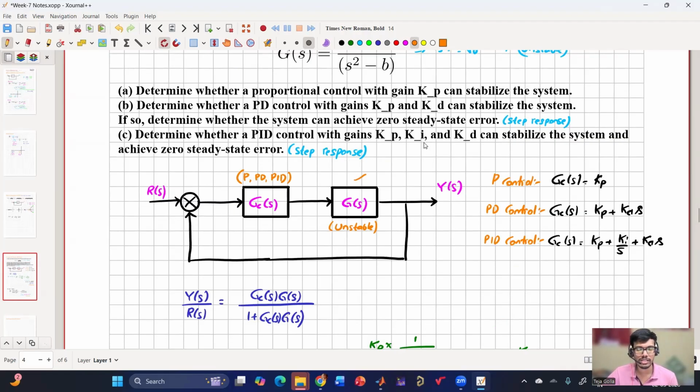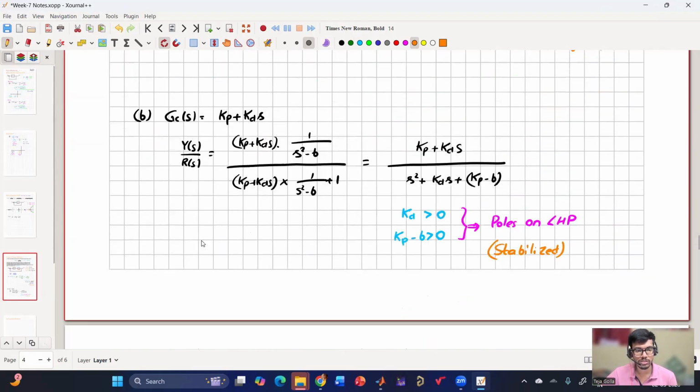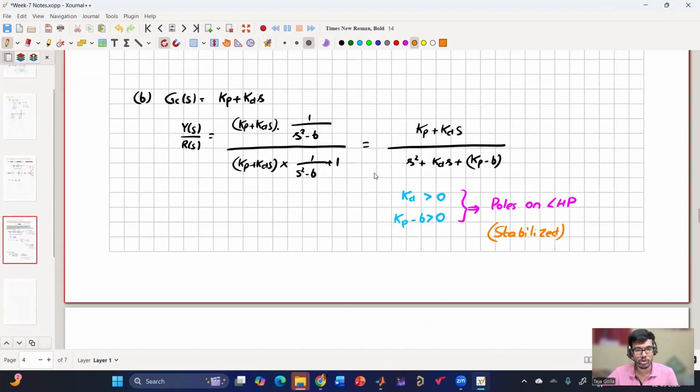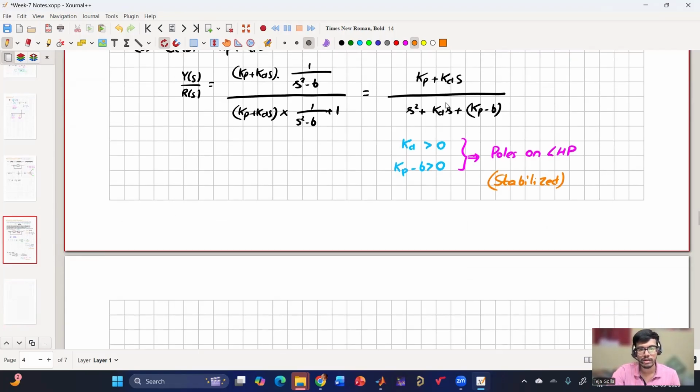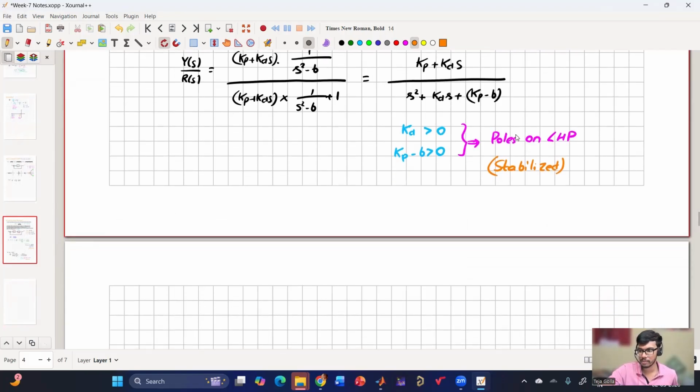Now we have to see whether the system can achieve zero steady state error for step response. So we know for step response, R of s is 1 by s, so we can calculate Y of s. My Y of s is Kp plus Kd s by s square plus Kd s plus Kp minus b.